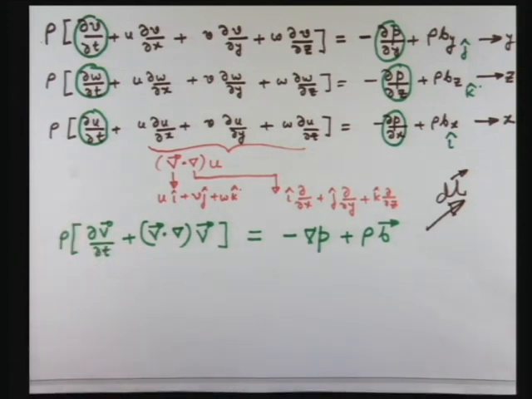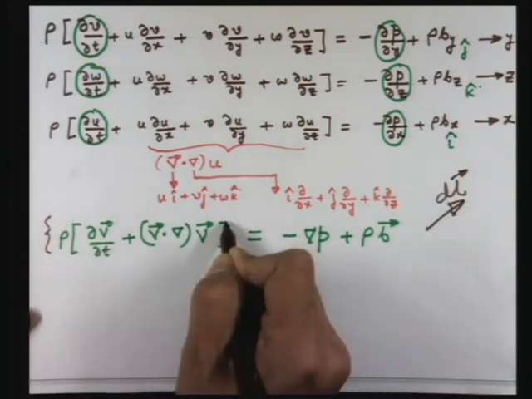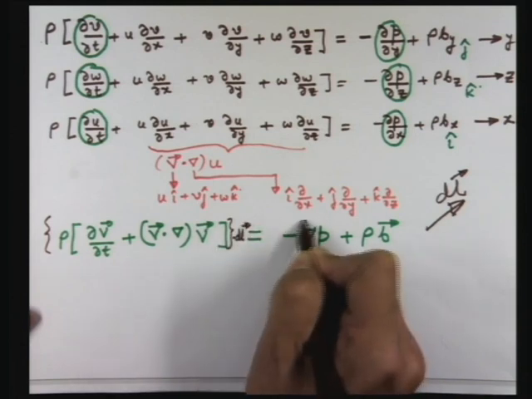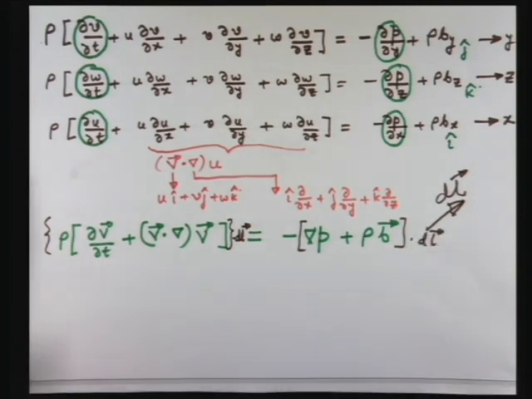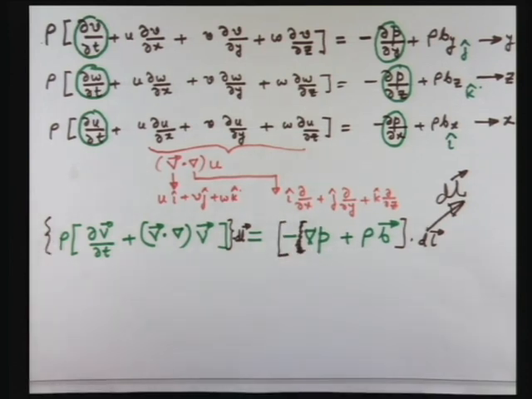This dl is any line element vector in the flow field. So the manipulation is this dot dl. Can you tell what is the objective of this manipulation?